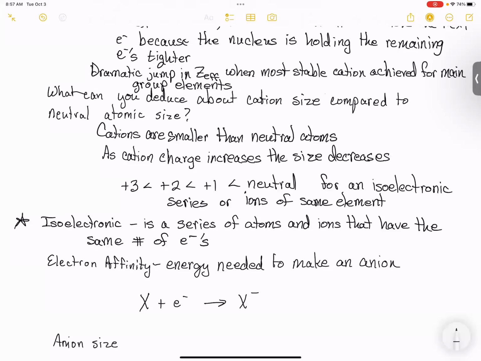And because the ion becomes smaller, it's much more difficult to remove that electron. It's kind of like the example of a family I gave you, me being the nucleus and my children being electrons. If I have multiple children in my family, my time has to be spread across all the children. But as those children go off to college, I have more time to focus on who's left.